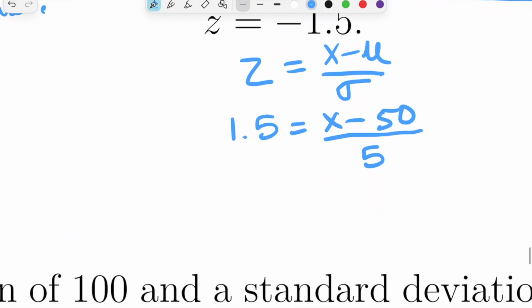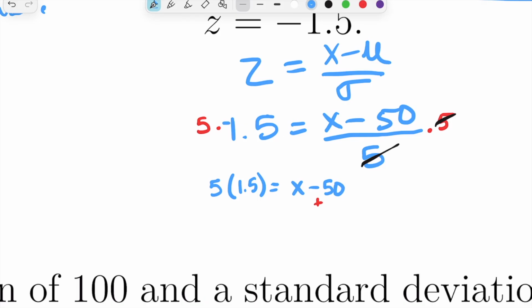Now, the first thing that we do when we want to solve this equation is multiply the right side by 5 and the left side by 5. In doing that, I have 5 times 1.5 equals x minus 50, because those will reduce out to multiply by 5 and then divide by 5. The next thing that we'll do is add a 50 to both sides. Oh, sorry, one thing.